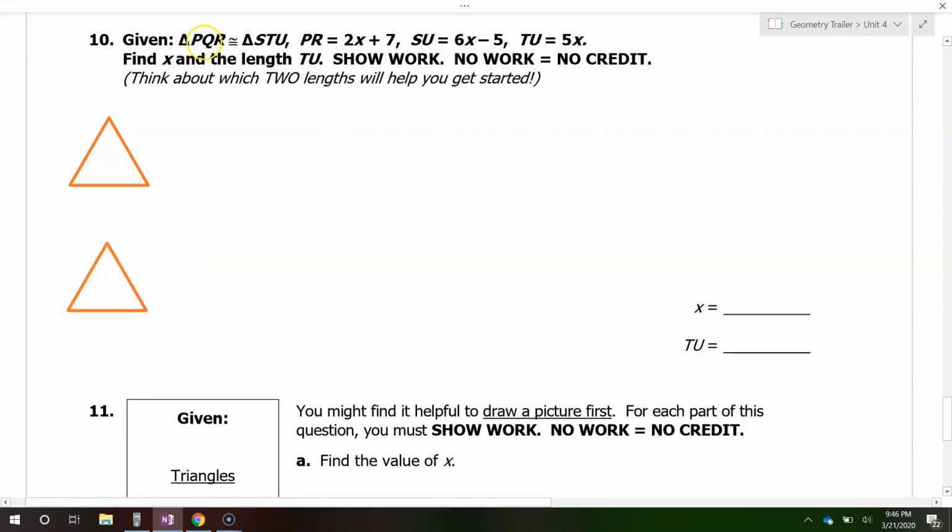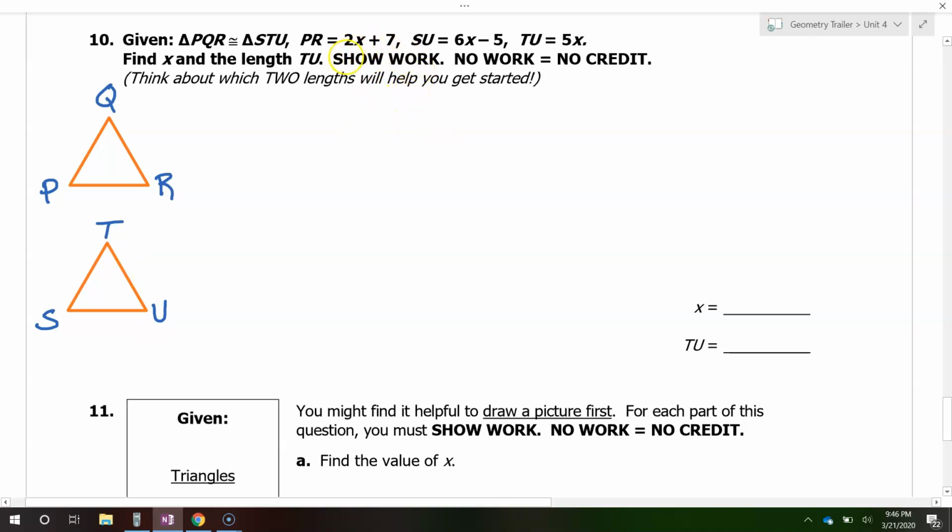All right, so we have PQR is congruent to STU.